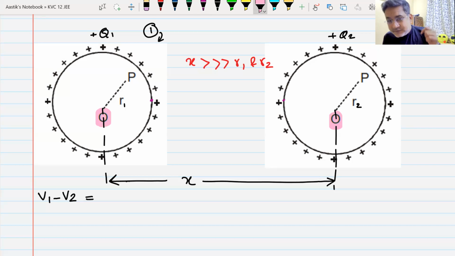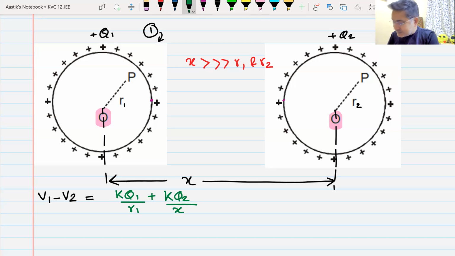So let me first find the potential at the center of the first sphere. It is KQ1 by R1, the potential created by the first sphere itself, plus KQ2 by X. This is the potential at the center of the first sphere.